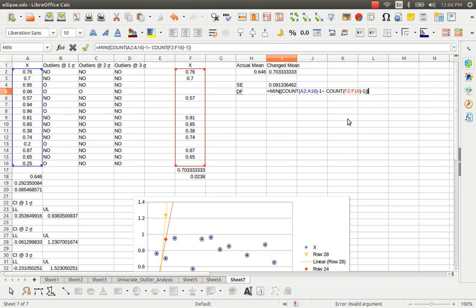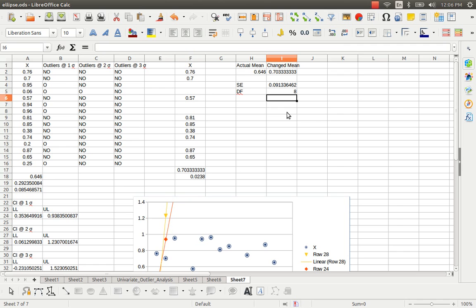Minimum of count minus 1. What happened here? Why am I getting this n minus 1 comma minus 1? Will I get it? Yes, 8. So this is 8: 1 2 3 4 5 6 7 8 9. How come? Oh okay, 9 minus 1, 8.